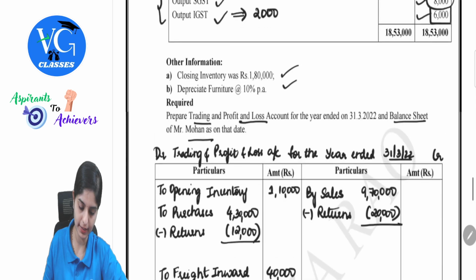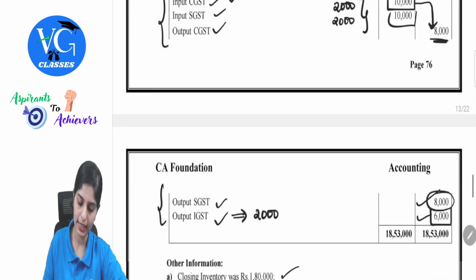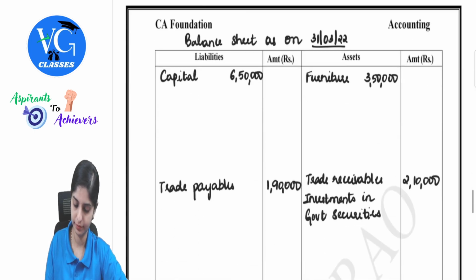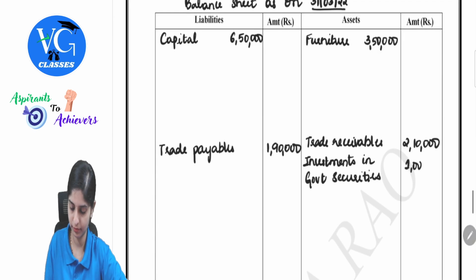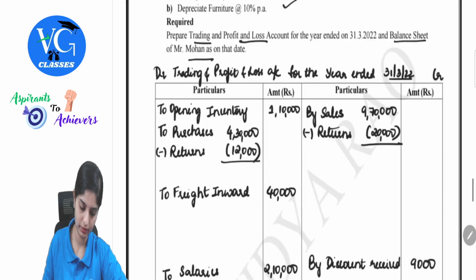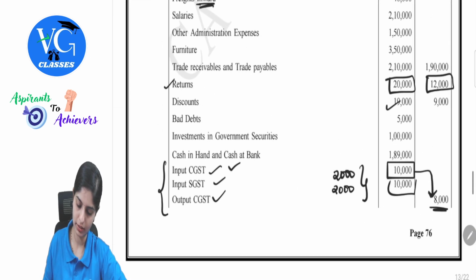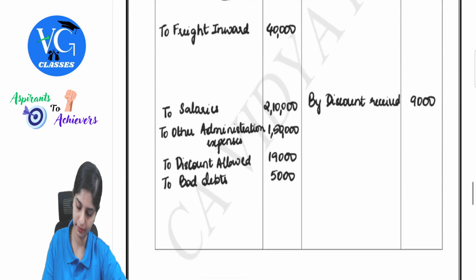Investment in government securities, 1 lakh. Then there is cash in hand and bank, that is 1,89,000.